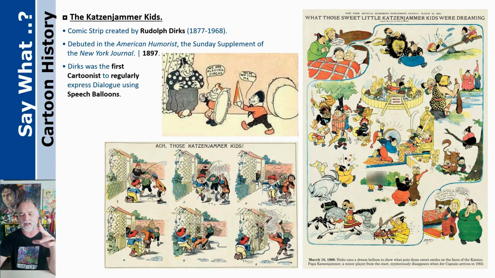There was something with the Katzenjammer Kids with different newspapers and copyright and lawsuits and court cases, where he eventually lost the rights to his own cartoons. It was a terrible time for comic artists in the early 1900s, and the lessons we have learned for sure.